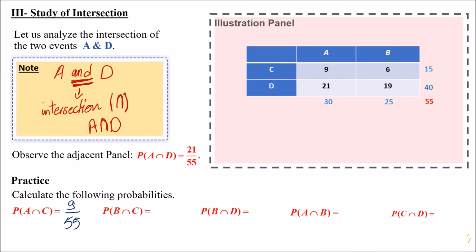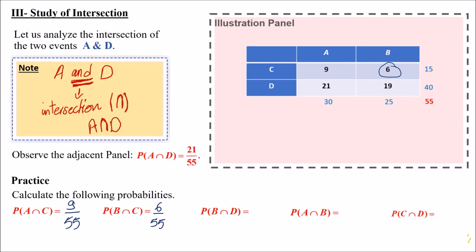Now the probability of B intersection C. This is B and this is C. They intersect here at 6. So therefore, the probability of B intersection C is equal to 6 over 55.